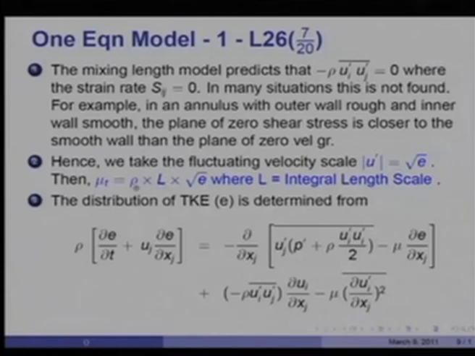It is mu t equal to rho L square root of E, where E would be obtained from a differential equation, whereas L would now be specified algebraically, again like in the mixing length model. And because we now have to solve this additional equation along with the Reynolds equations, it is called the one equation model.